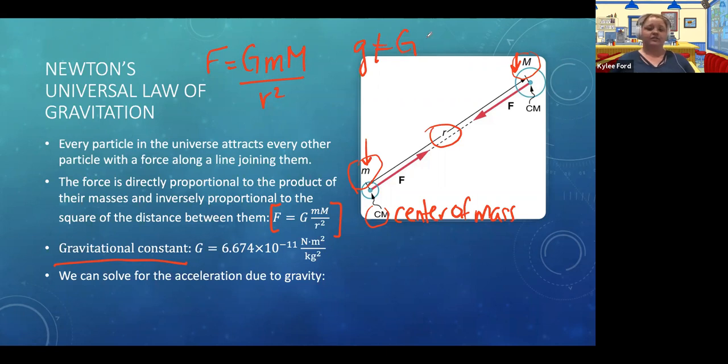Those are very different. But we can use this formula now to solve for our acceleration due to gravity. And we can do that for Earth, we can do that for the sun, we can do that for pretty much anything now. So let me show you how. So we know that F equals big G, little m, big M over r squared.